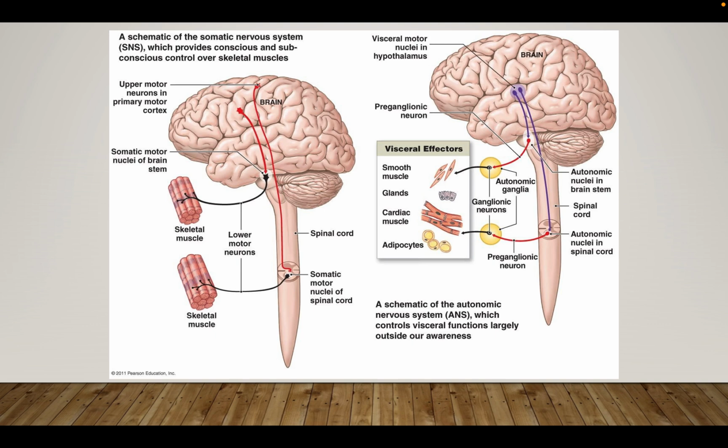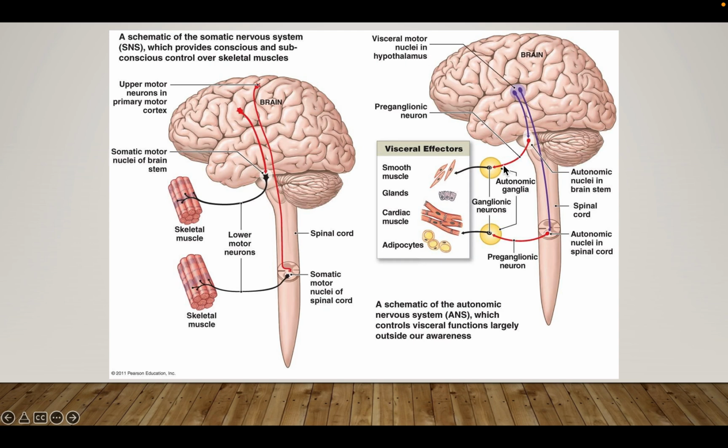So here you can see things under autonomic control, so things like skeletal muscle. Here we can see a motor neuron coming out, lower motor neurons going out to our skeletal muscle. And if we come over here to the right, here we see things like cardiac muscle, smooth muscle, and our glands that we discussed. Adipocytes are fat cells. And again, these are controlled by the autonomic nervous system here, right?